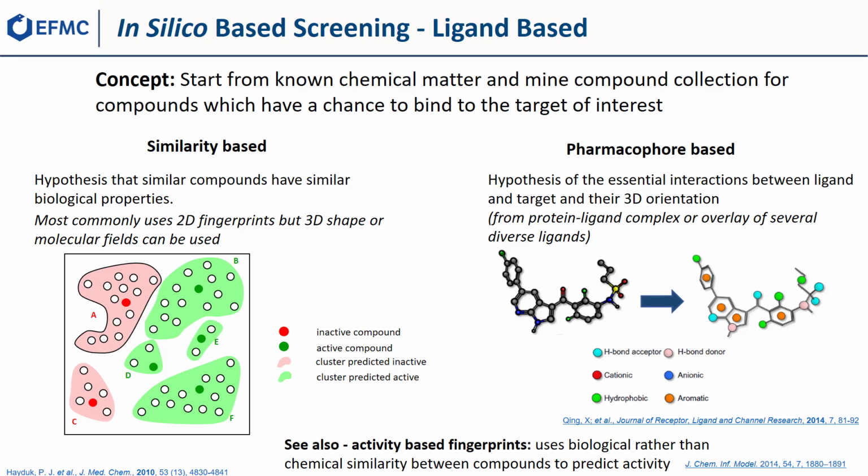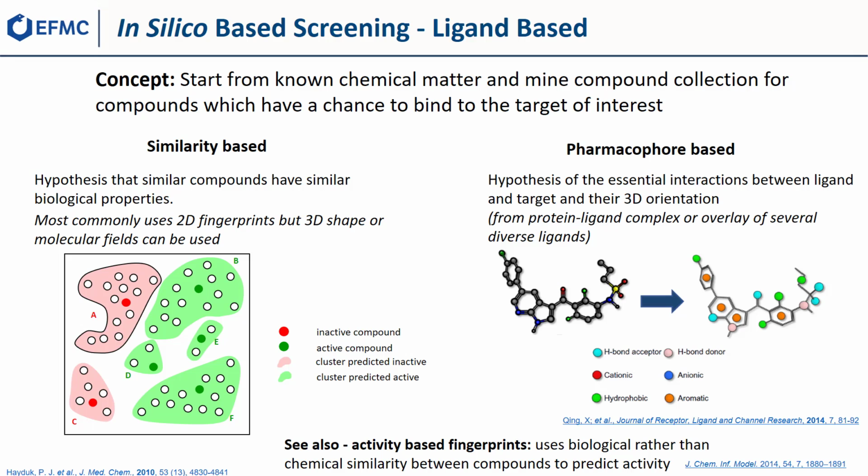On the right side of the slide, you have a second approach, which is called pharmacophore-based. Here, we take the hypothesis that the essential interactions between ligands and target and their 3D orientation can be conserved among several compounds. So, if you think about a structure like the one in gray, you can reproduce it according to its pharmacophore.